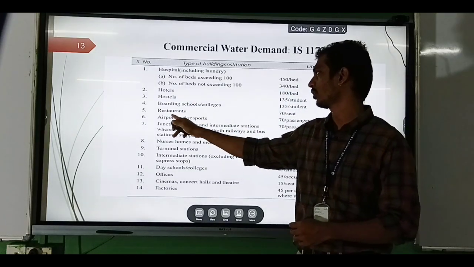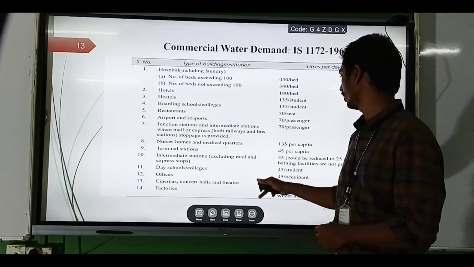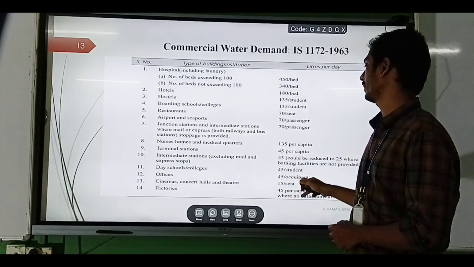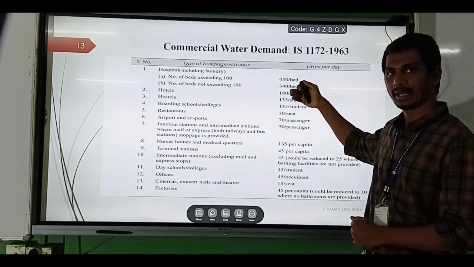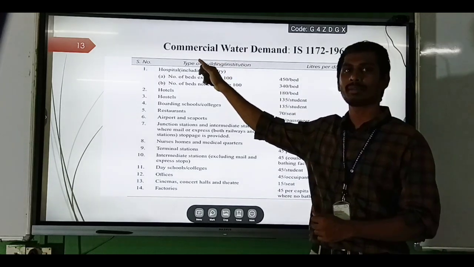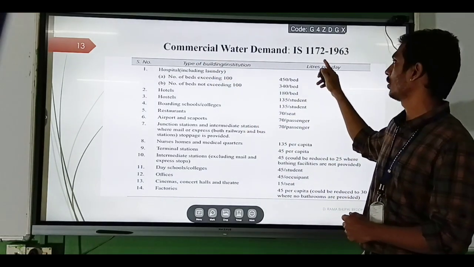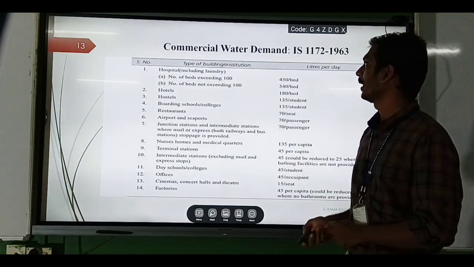For restaurants, it is 70 liters per seat, and for offices, 45 liters for one person. This is how they classified how much water is required in one day for one individual or one bed for these commercial activities, as per our code IS 1172-1963. So this is about commercial water demand.